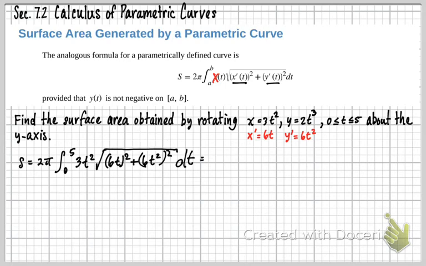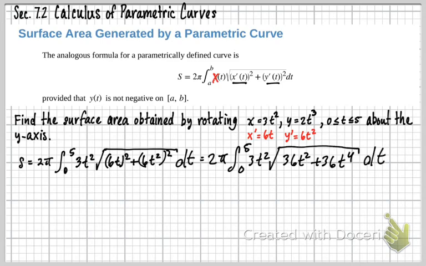So then I'm going to have this 2 pi here, the integral from 0 to 5 still, and then 3t squared. Now I'm just going to simplify the inside of this. So that's going to be 36t squared, and that's going to be 36t to the 4th. Okay, so 36t squared plus 36t to the 4th dt.